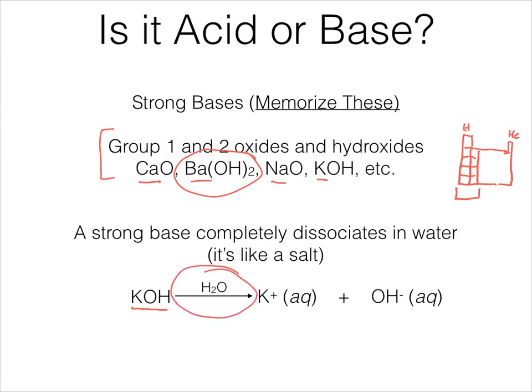I get a one-way reaction to form K plus and OH minus. Just like in the acids, the reverse reaction does not happen. I cannot mix K plus potassium ion and hydroxide ion in water and expect to get potassium hydroxide.